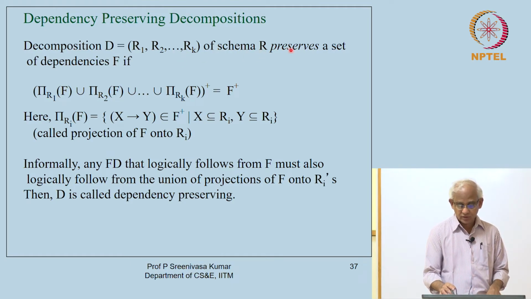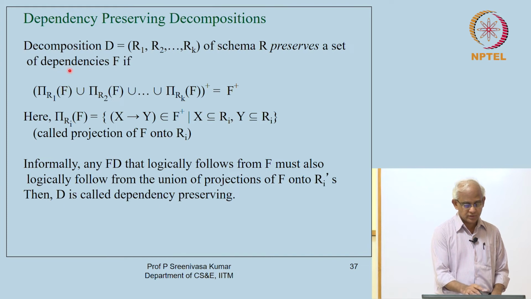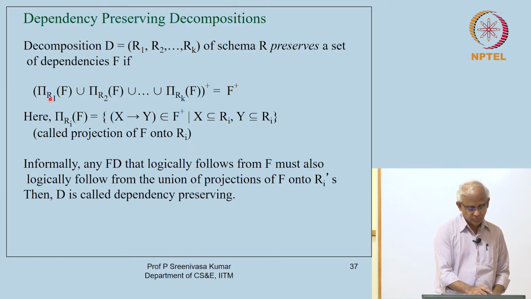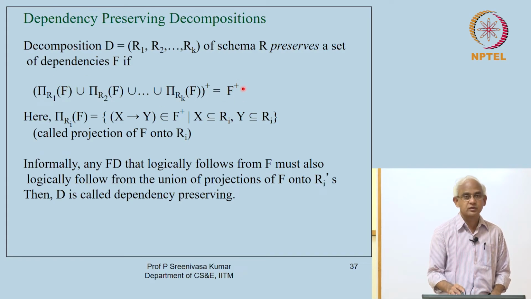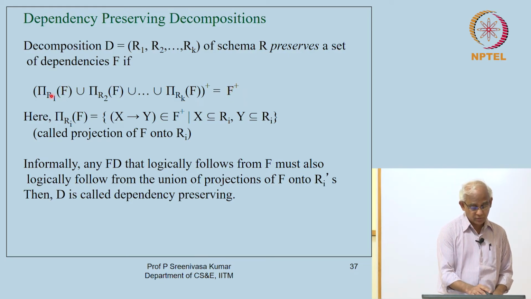It is said to preserve a set of functional dependencies F if the closure of the union of pi R1 of F, pi R2 of F, up to pi Rk of F is exactly the same as the closure of F. What is this pi R1 of F?